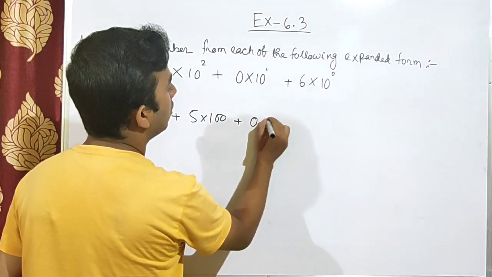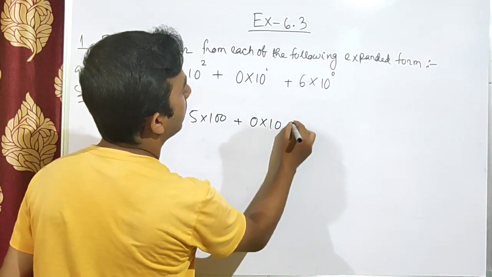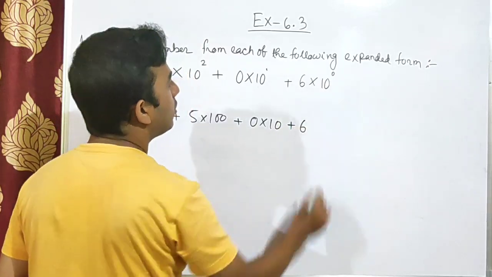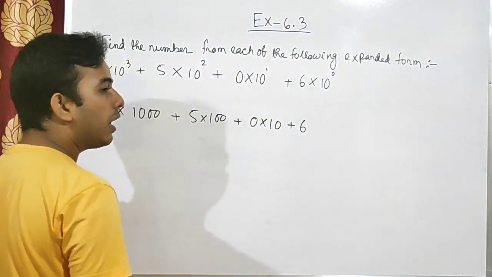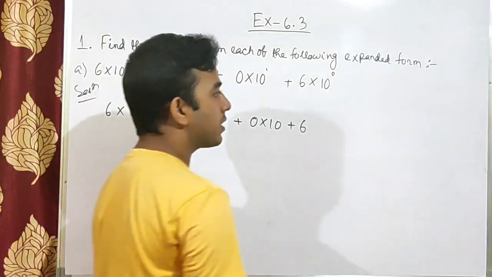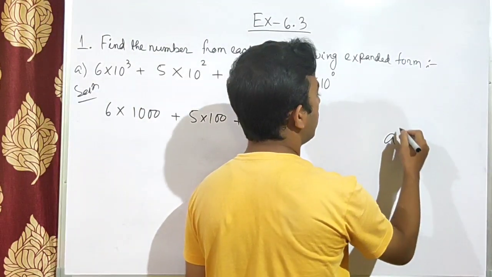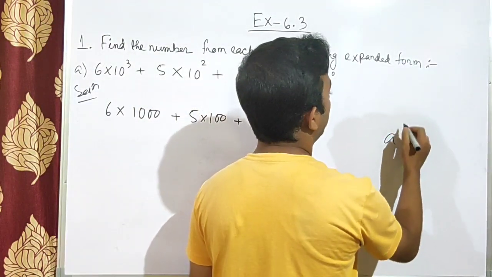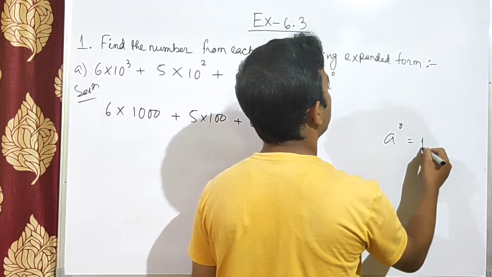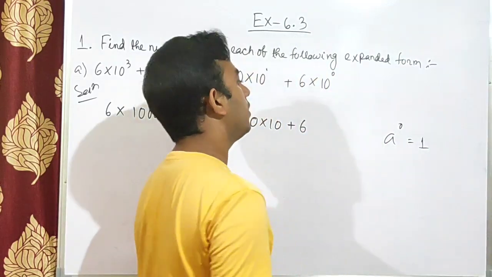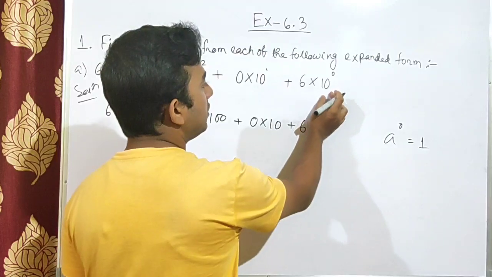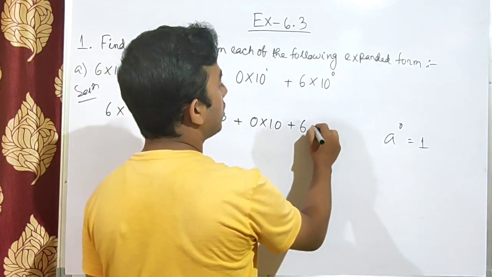So 0 into 10, then plus 6. 6 into 10 to the power 0 means what? 10 to any number in our previous classes. In our introduction class I told you that a to the power 0 has value 1, isn't it? So consider this is a and this is 0, so its value will be 1.